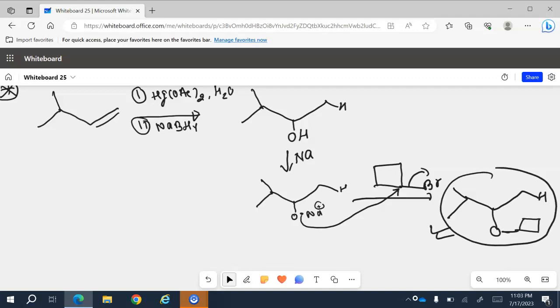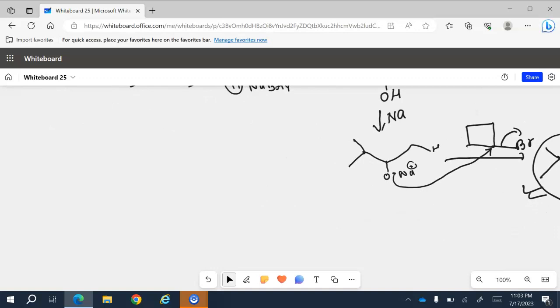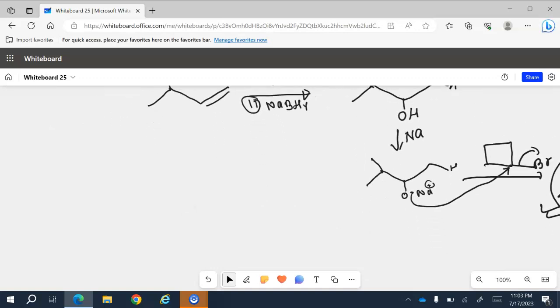So that is the alkoxymercuration demercuration reaction. Now there is one other method to prepare a simple ether, and we can consider it as the industrial method of ether preparation. That is called bimolecular dehydration.